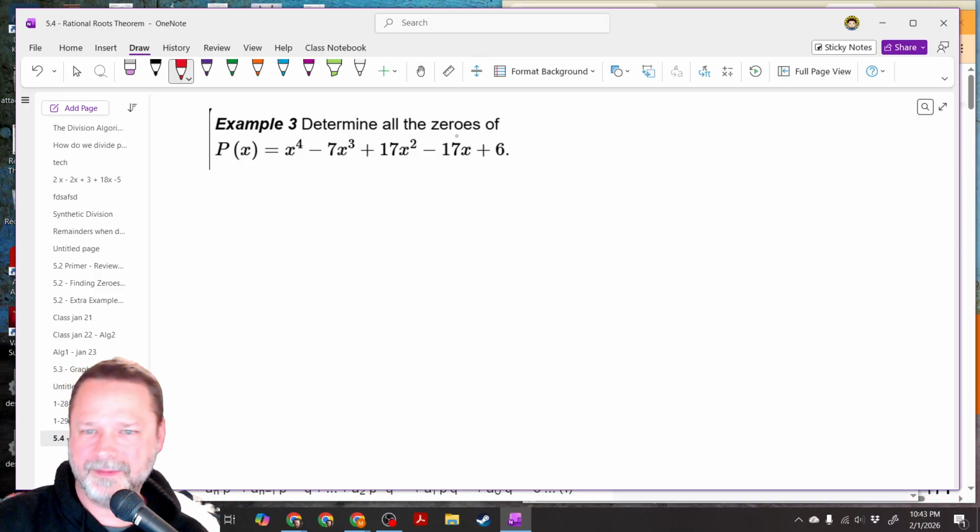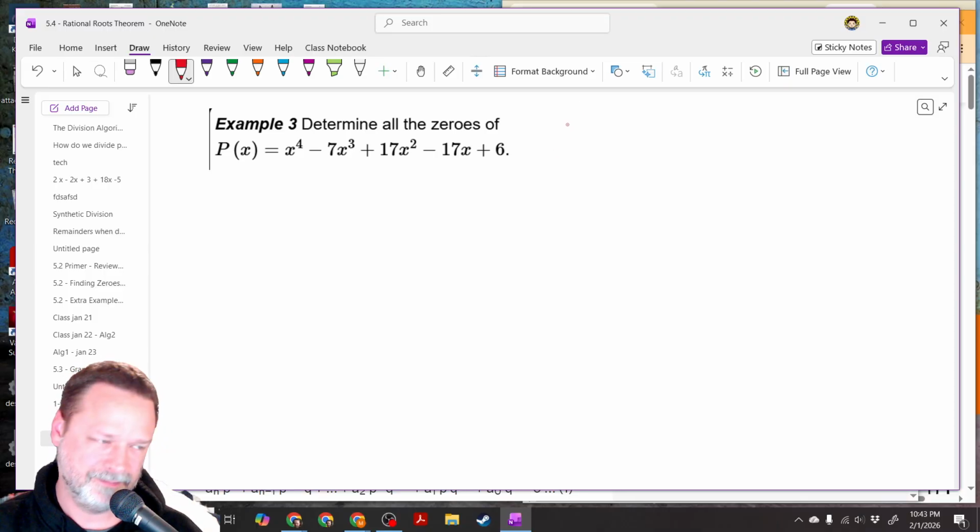Determine all the zeros of p of x equals x to the fourth minus 7x cubed plus 17x squared minus 17x plus 6. Okay, so first things first, let's find our possible p's. P can be any factor of our constant, right?